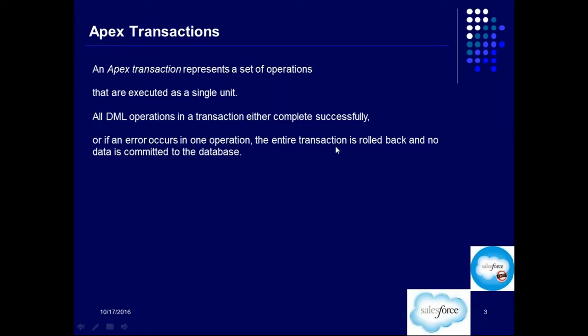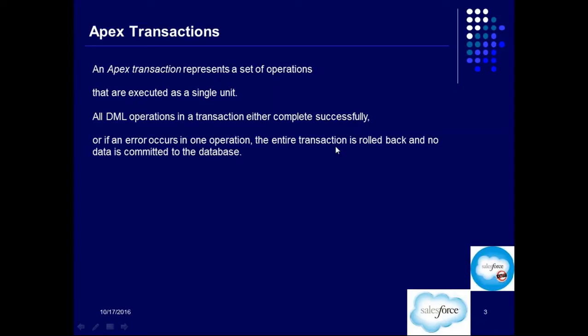So even if there is one single error, let's say there is a method that includes two DML operations. One DML is to update account, the second DML is to update opportunities.